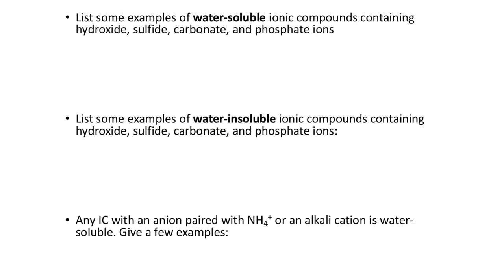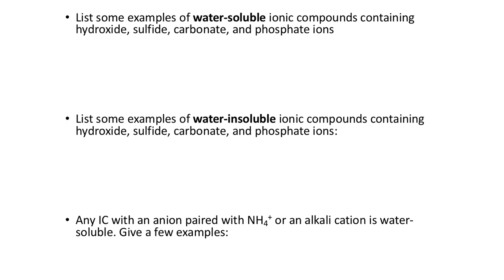Okay, I think we'll pick up from here, but let me do one quick demo since I have it here. I just wanted to show that if you took solutions, I think you've done this in the lab already, KI and lead nitrate, when they mix together, what happens? We form a solid. The solid is being formed because we're doing the exchange reaction.